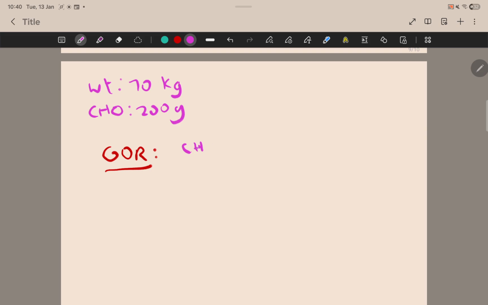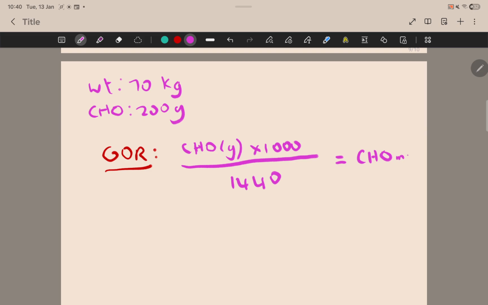We have carbs in grams multiplied by 1,000 because we want it in milligrams, over 1440, which is equal to carbs in milligrams per minute. We then divide this by the weight in kilograms.